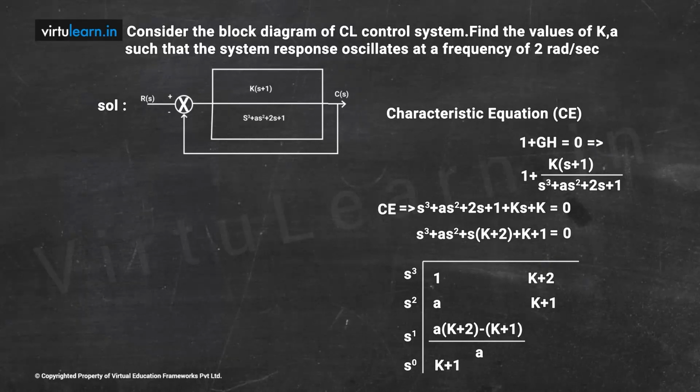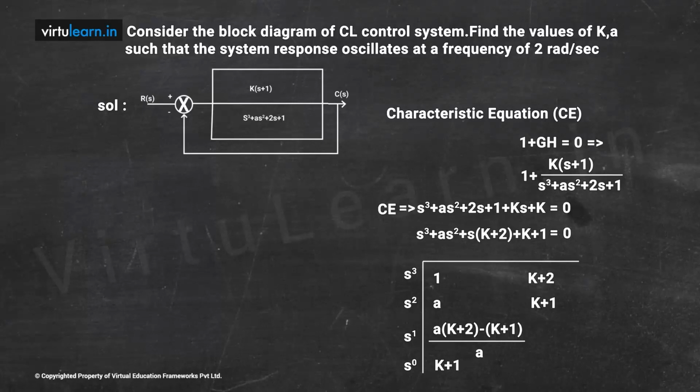Because even if you have one row with all 0 elements, if you have one or two sign changes, the system will be unstable. When the system is unstable, we cannot have continuous oscillations. For an unstable system, the oscillations continuously increase.